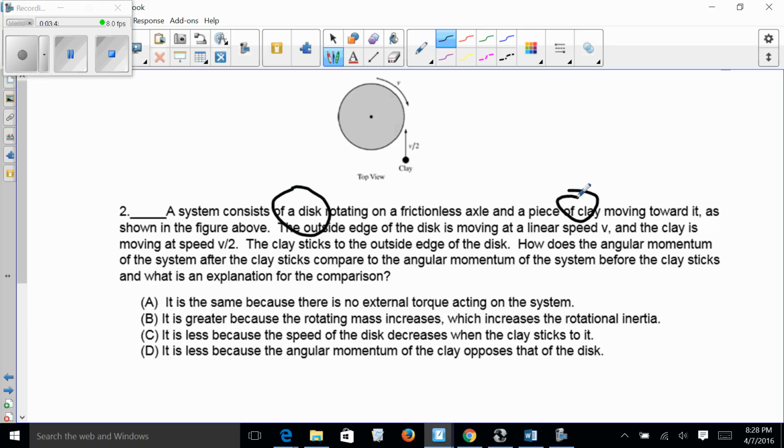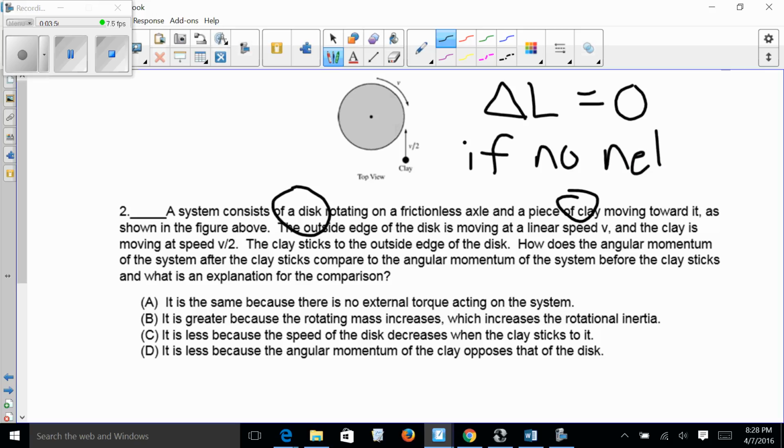So that means that the change in angular momentum has to be equal to 0 for the system. Remember the conditions: if no net external torque, just like a linear system, two bumper cars or whatever, would conserve linear momentum if there were no external forces.